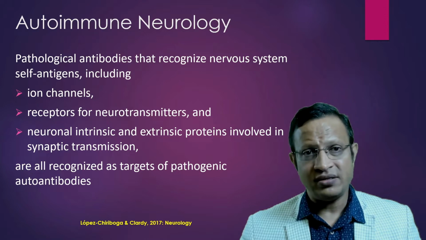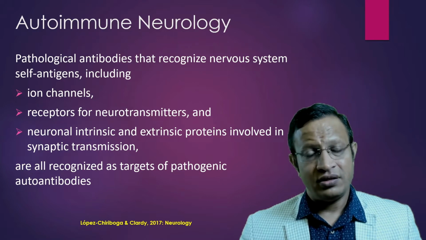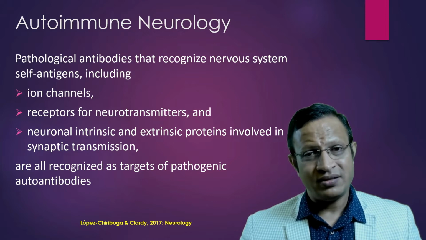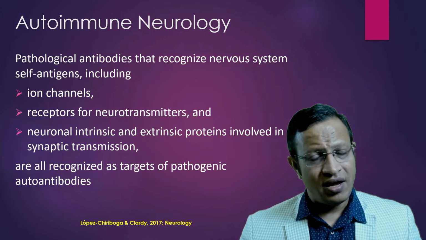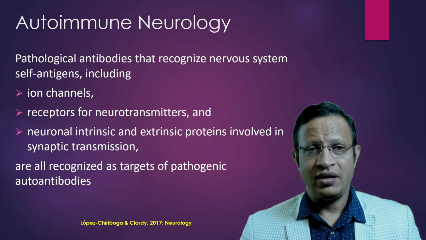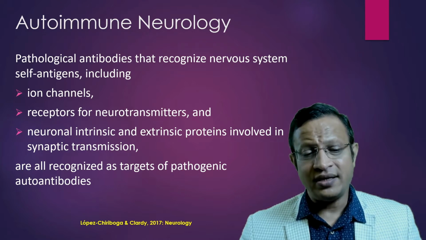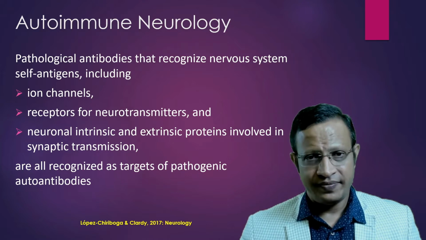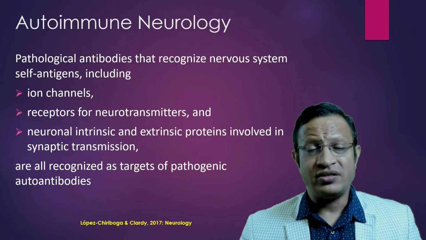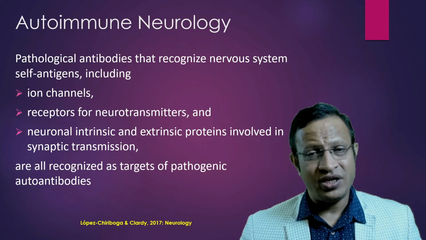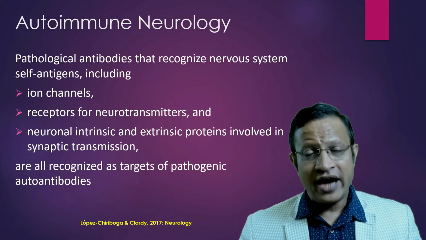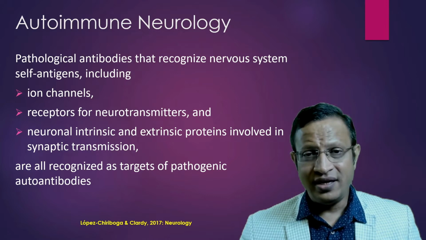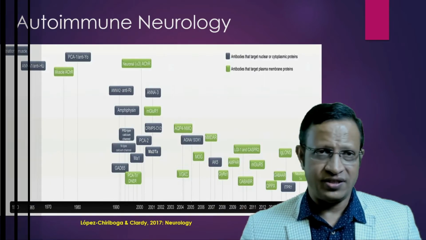They may be ion channels or the proteins of the ion channels, receptors for neurotransmitters, and neuronal intrinsic and extrinsic proteins involved in synaptic transmission. And these will cause various presentations in neurological conditions. And this is mainly because of autoantibodies or T cells attacking our own neurons.